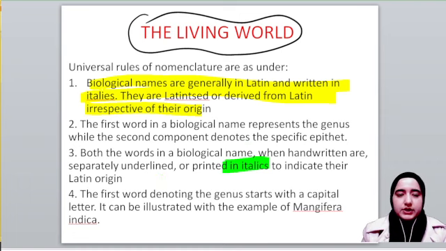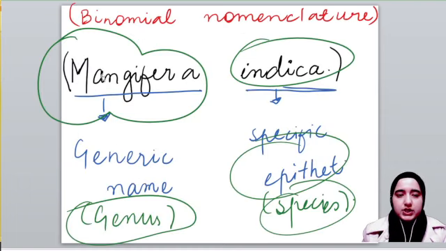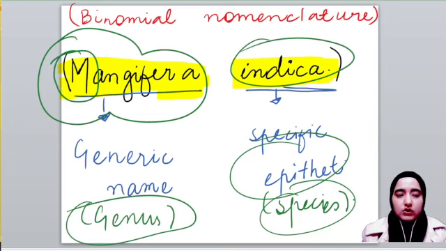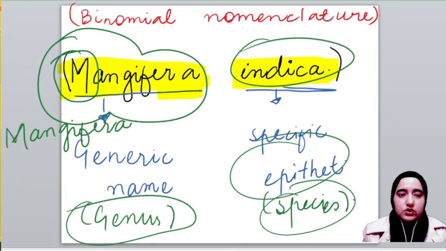As I already mentioned, the first word is the genus, and this one is the specific epithet or species. We have to write the first letter of the genus as a capital. Mangifera is always written with the first letter capital.